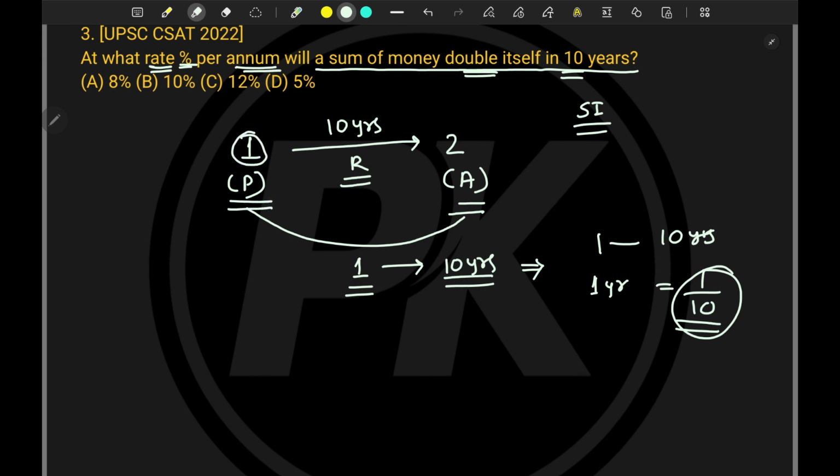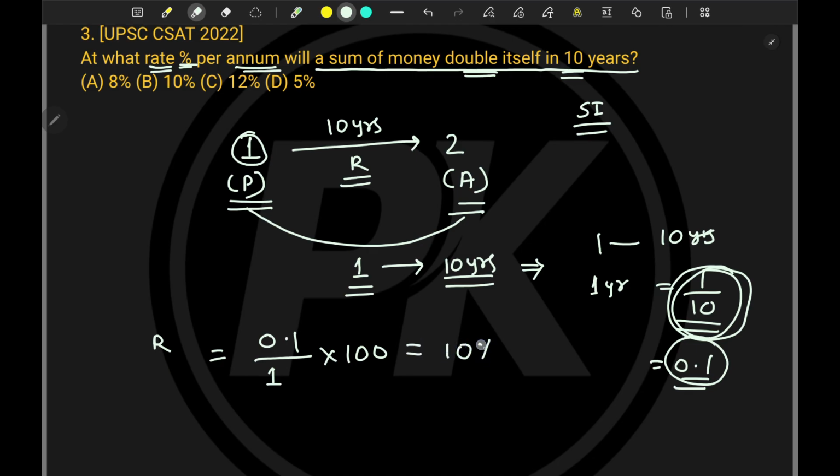It is 1, right? And what amount am I getting back in 1 year? It is 1 by 10th, that equals 0.1. Simple. Now what is the rate of interest? How much amount am I getting? It is 0.1. How much is the principal? So on the principal I am getting 0.1, and that percentage I have to calculate. That means multiply it by 100, and that becomes 10%. And that is what was asked.